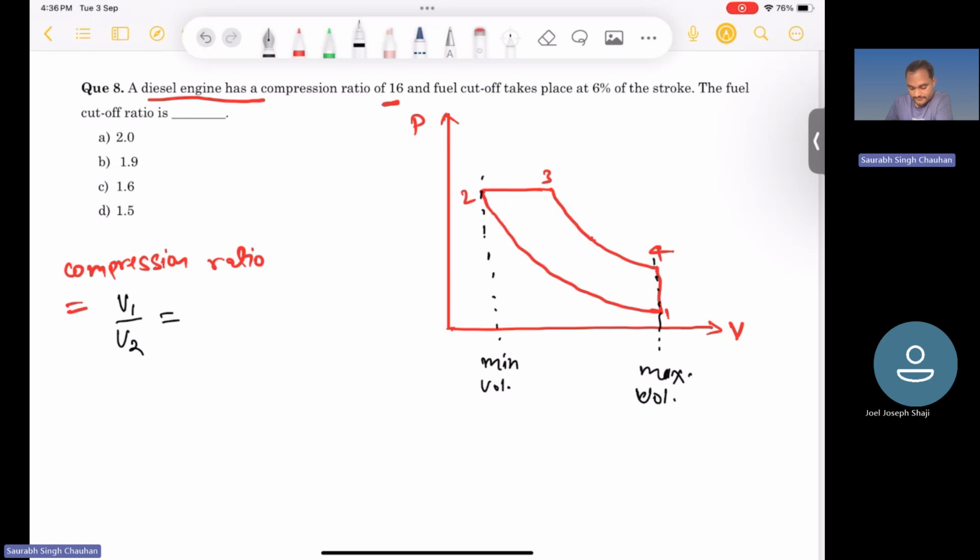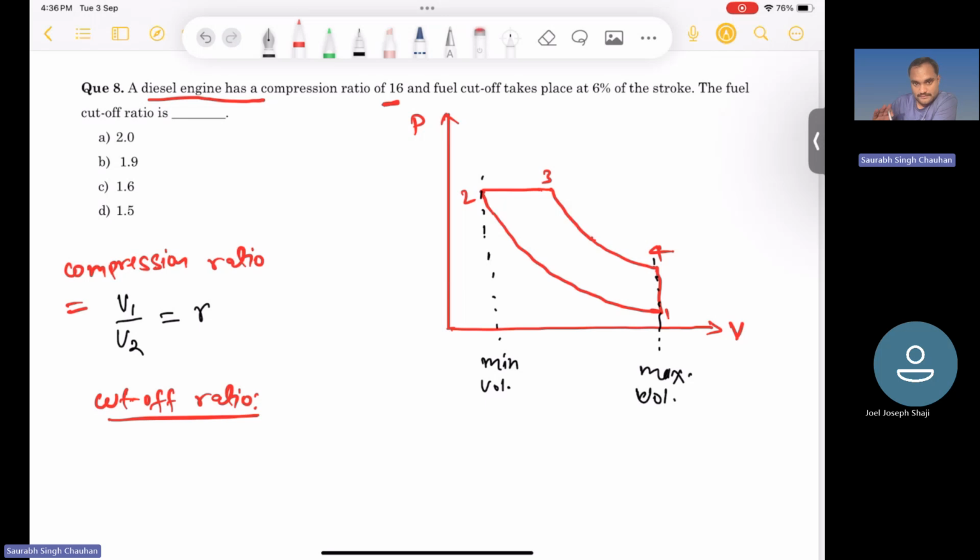Let us write it R. And there is something called cutoff ratio. Cutoff ratio is basically the ratio of volume after the combustion and before the combustion.